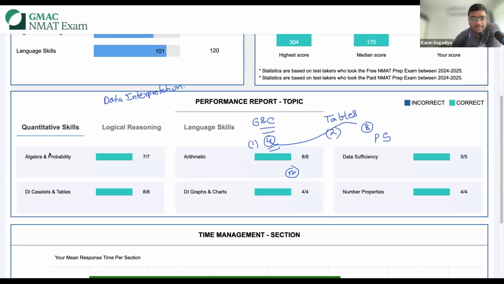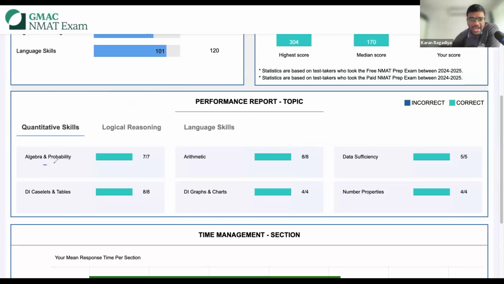Now, let's come to the more important split of the topics. So I'm going to use this table and my own analysis of what I really did face, because algebra for me is very different from probability. So I'm not a really happy student when I see these two clubbed. Like, what information do I get? Or arithmetic. And data sufficiency is a question type for me.